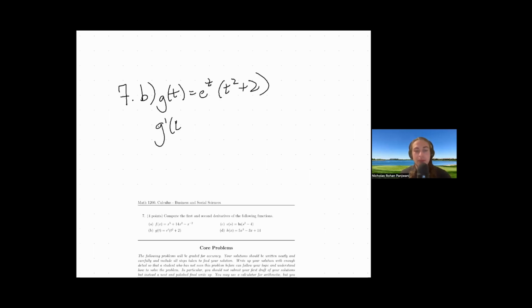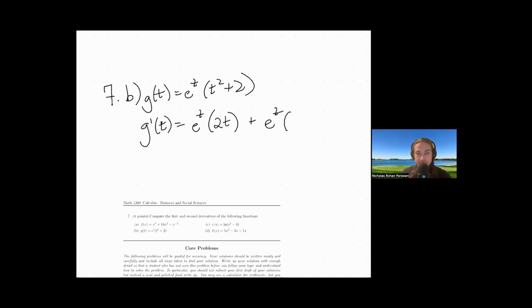Okay. Product rule. Boom. Product rule again.